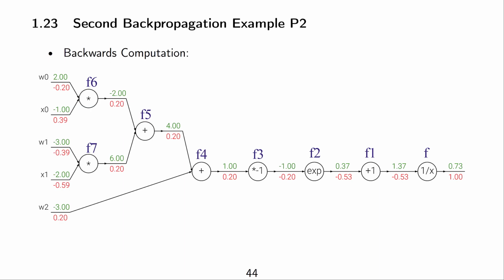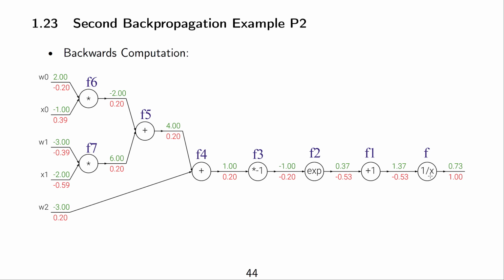Here in this example, we'll look at the backpropagation algorithm. Again, everything is scalar values. By convention, we say that the first upstream gradient here is always 1. Now we'll have to look at this node here. There's one input, and we want to compute upstream gradient times local gradient.